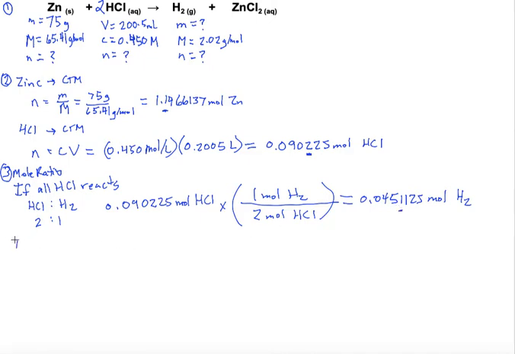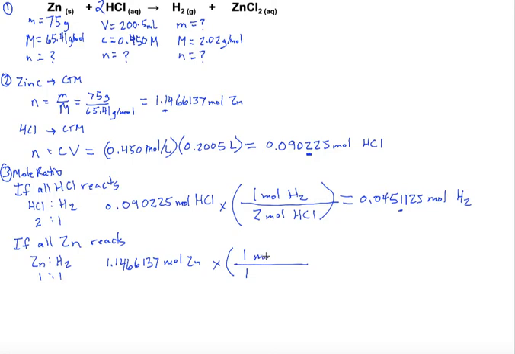Now let's consider what if zinc is limiting? So if all zinc reacts, now let's compare zinc to hydrogen, and it's a 1-to-1 ratio, right? So we know our 1.1466137 moles zinc times, and I know this is a nice 1-to-1 ratio, so it's pretty straightforward here.